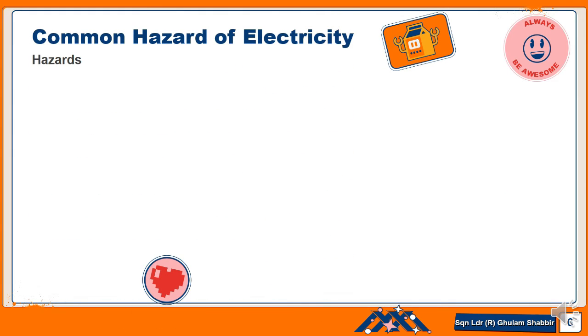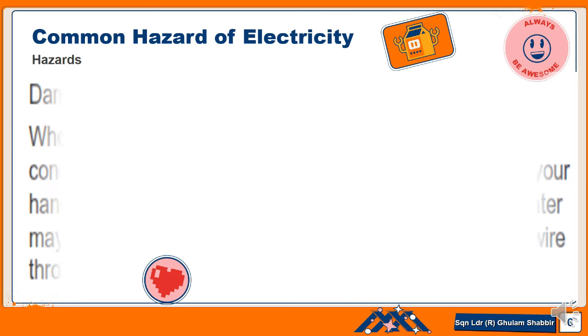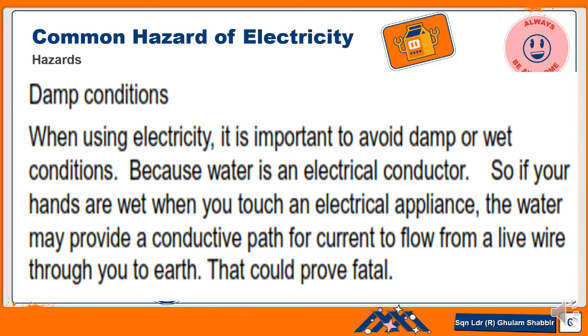Out of these common hazards of electricity, there is another common hazard, that is damp conditions. These are conditions in which we can get an electric shock, like in the rainy season, when rainwater goes into the switches and sockets or into the walls, or when the floor is wet and we are using electrical appliances.